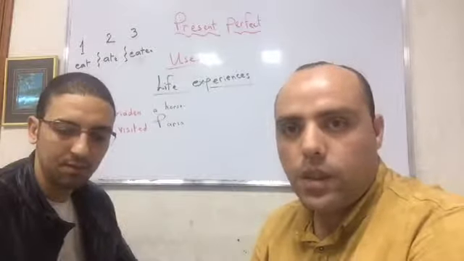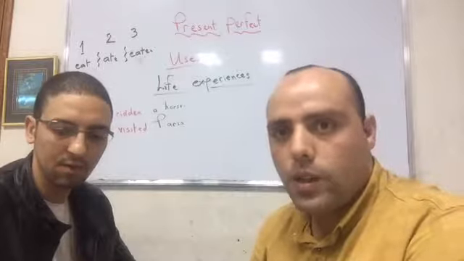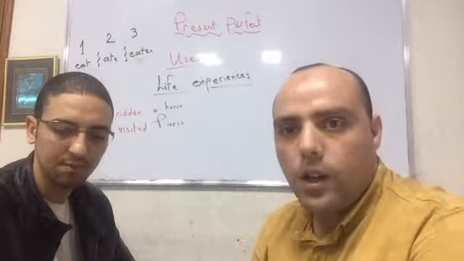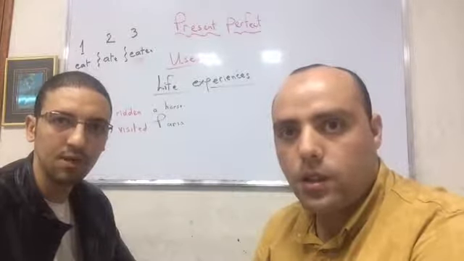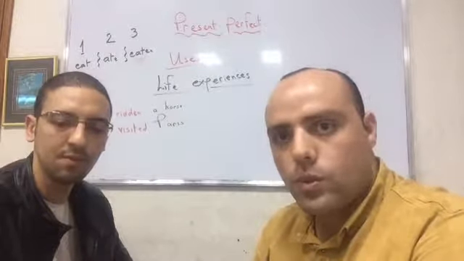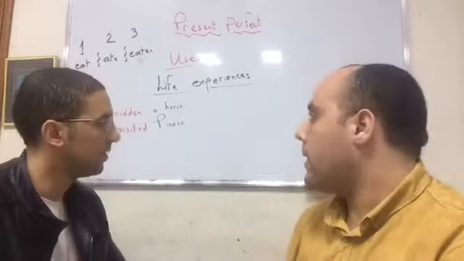Been differs a lot from gone, because been means that you came back home, but gone means that you are still there. It's an ongoing action, where we use the present perfect simple.